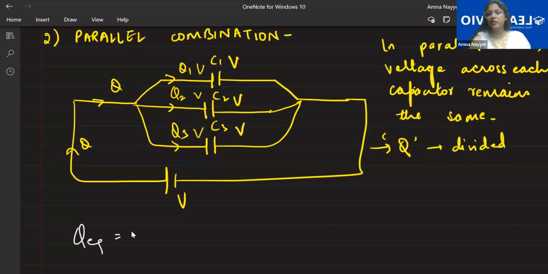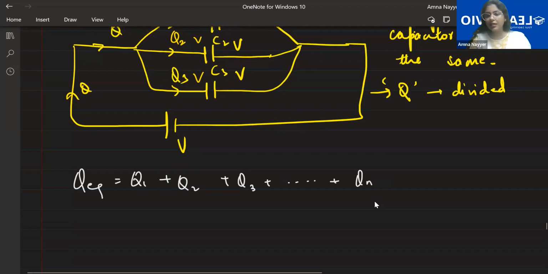So when I calculate the net charge this time, equivalent charge means total net charge. This will be Q1 plus Q2 plus Q3 plus Q4, Q5 till Qn, it will be added, right? N number of capacitors are there. Now we know the formula, charge is equal to CV. So C is C equivalent, and the potential is there. Now the potential will remain the same.